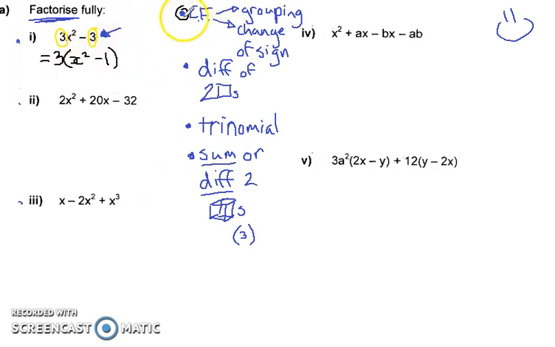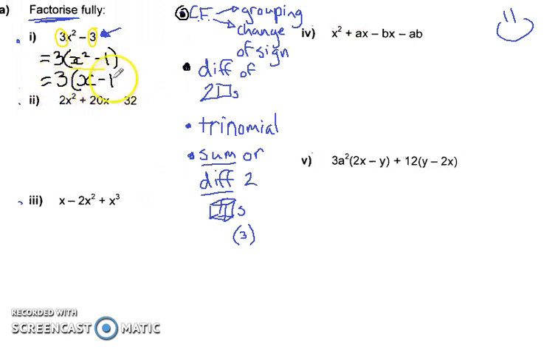Well, let's go through the checklist. I'll look for another common factor. Is it there? No more common factors. Now I'll look for a difference of two squares. Look at that. I have x squared minus 1, which of course is a difference of two squares. So let's put that in.